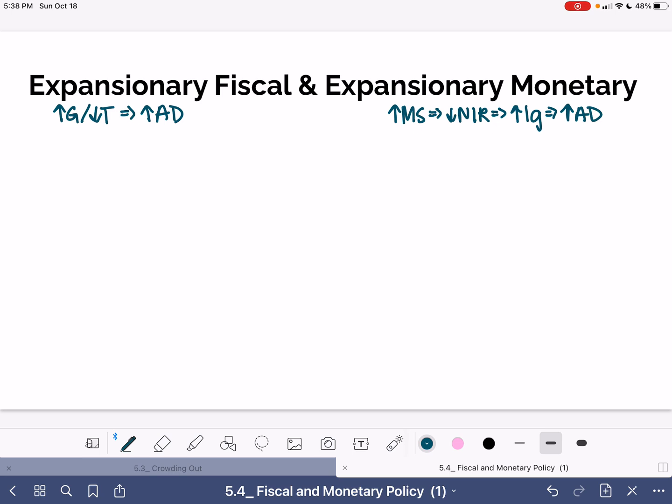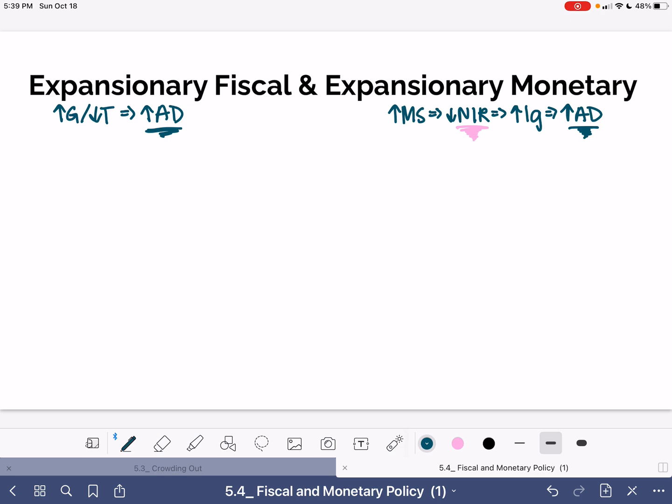So when we use expansionary fiscal policy and expansionary monetary policy, we both have the same change to aggregate demand, so that's good. But now let's look at our change to interest rate. Let's see if both of these actually have the same change to interest rate. So we already know that the interest rate is going to decrease in expansionary monetary policy.